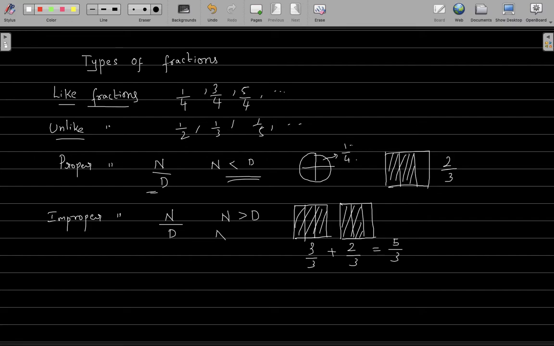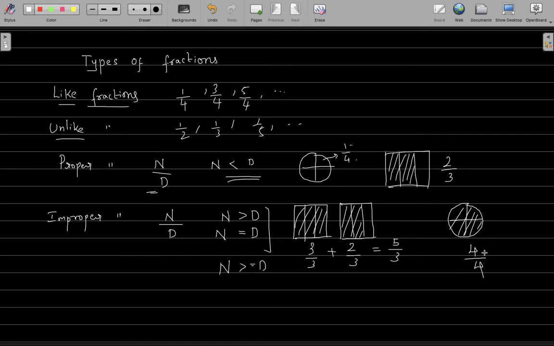In fact, when numerator is also equal to denominator, such fractions are also called as improper fractions. Or if I can put them together, whenever numerator is greater than or equal to denominator, such fractions are called improper fractions. Like say for example, if I have a whole object which I am dividing into 4 parts and I am considering all the 4 parts, that is 4 parts of all the 4 parts.